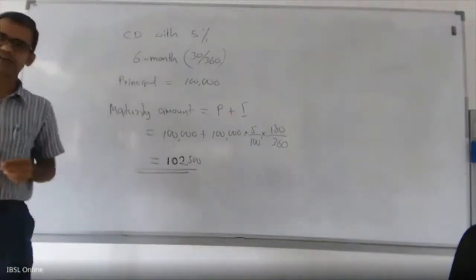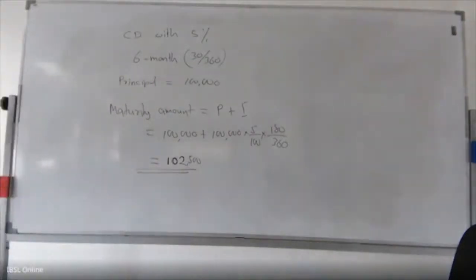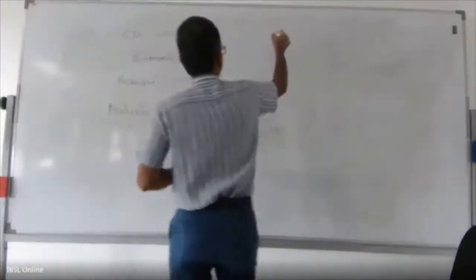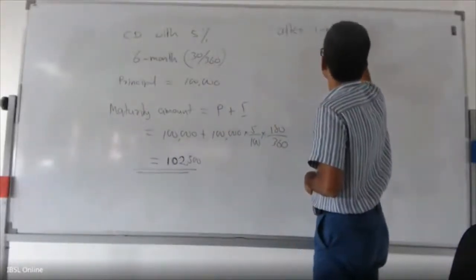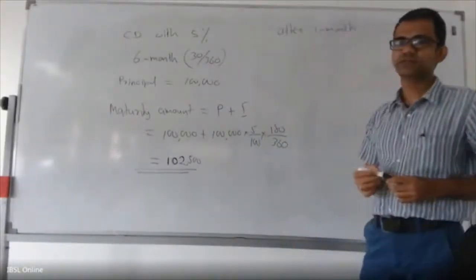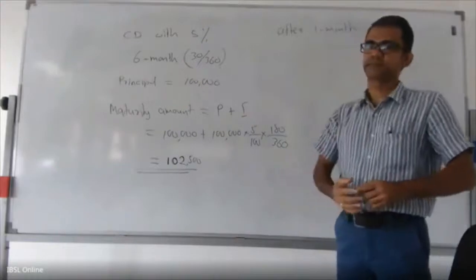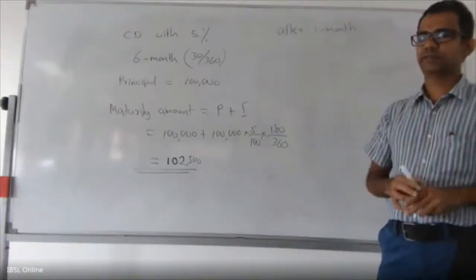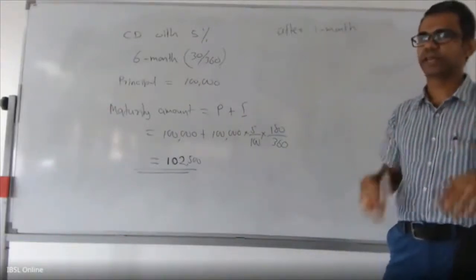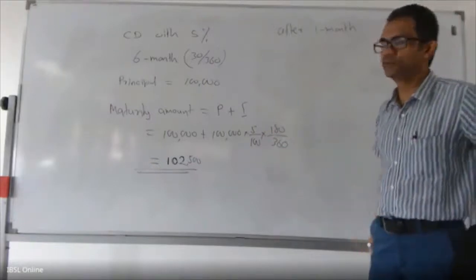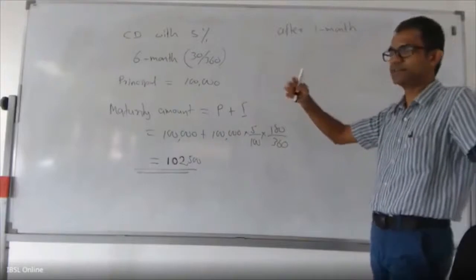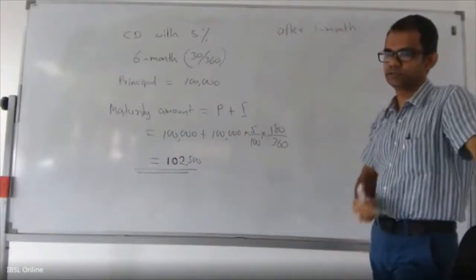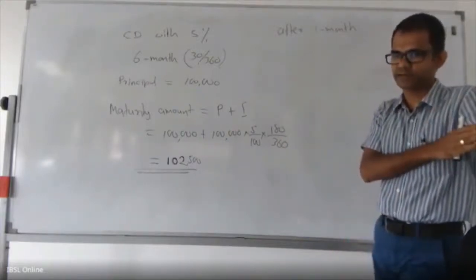But in the tradable one, the story is different. Now I am going to add that part. Say after 1 month, you don't want to keep this. You want to sell it, and for some reason you need cash. This is the investment that you have. This is a tradable one. So you want to give it to someone else and get your money back.